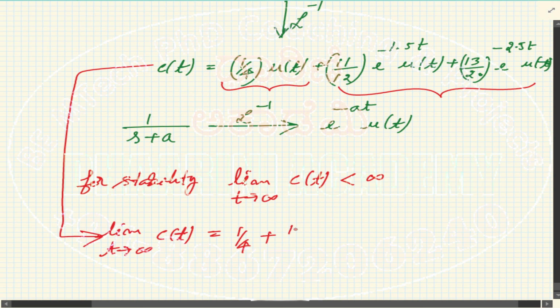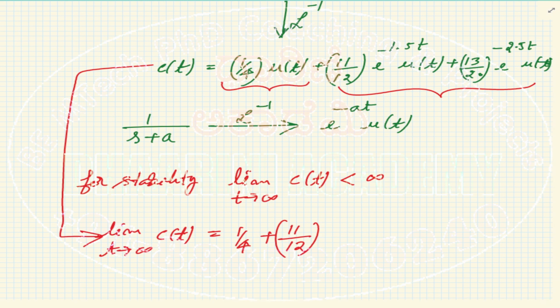Plus, what happens to the second term? That's 11 by 12 into e to the minus 1.5 t u of t. What happens to that function when t goes to infinity? After a long time, what happens to this term? Anyway, u of t is 1. Just find out what's the value for e to the minus 1.5 t.